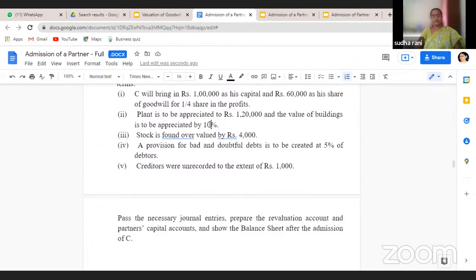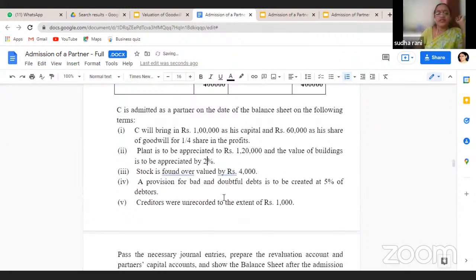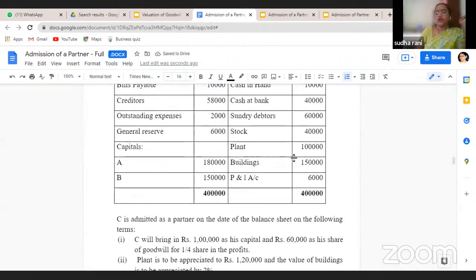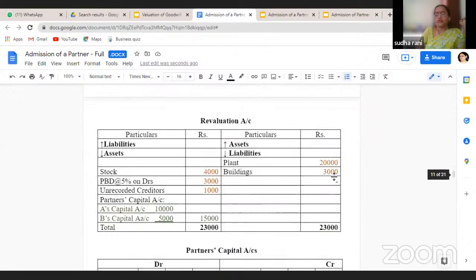Appreciated by 2%. You will get it. Buildings appreciated by 2%. What do you got? 1,50,000 into 2 by 100. Then 3,000. That is how it got.